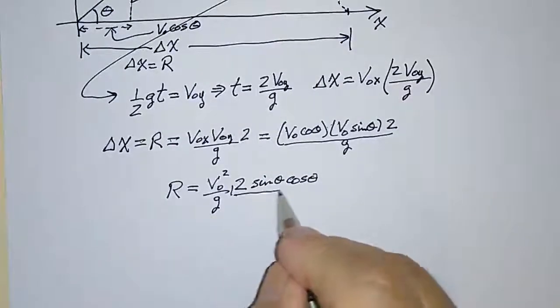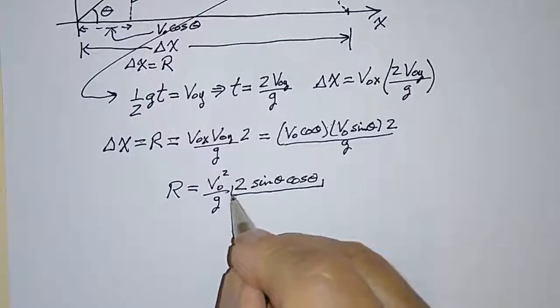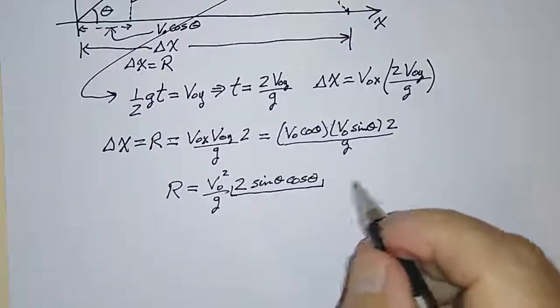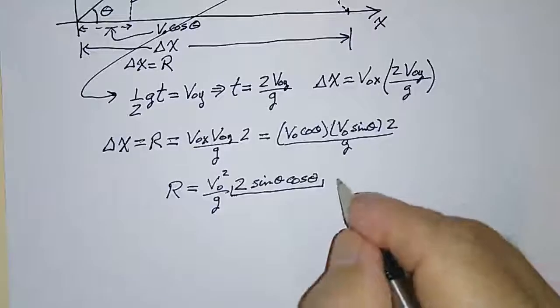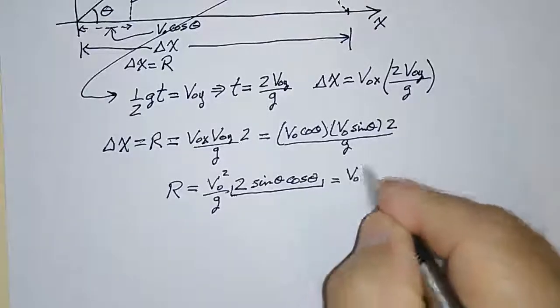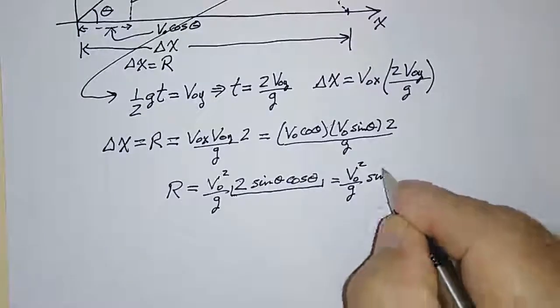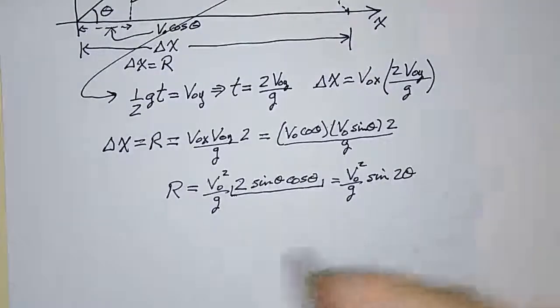This can be substituted by a trigonometric identity for the sine of 2 theta. So this is equal to v0 squared over g times the sine of 2 theta.